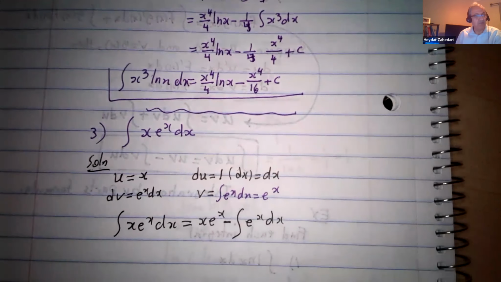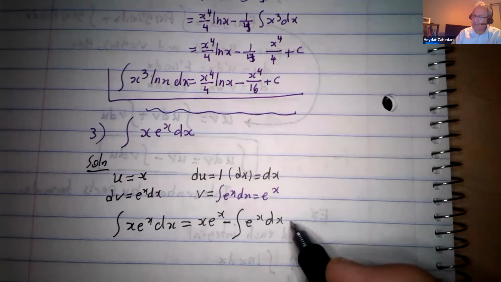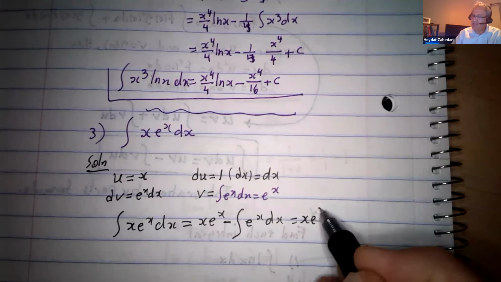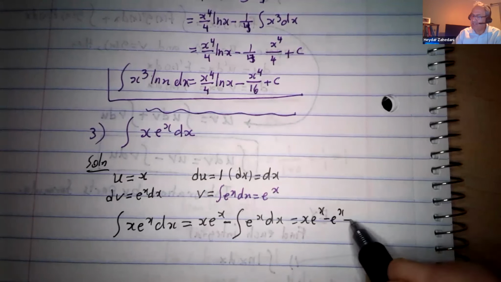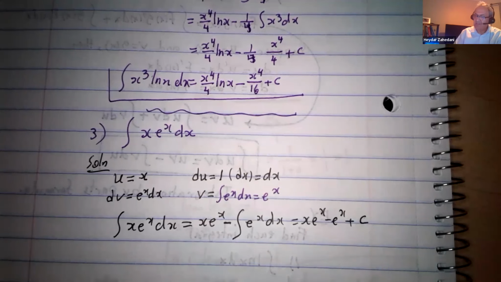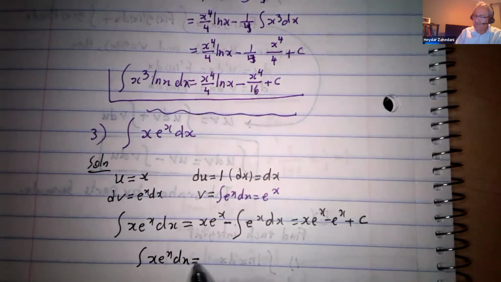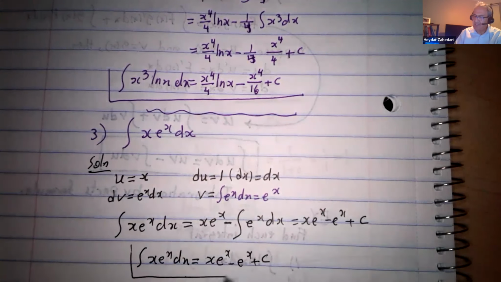And you know that the integral of e to the x is just e to the x. So it's going to be x e to the x minus e to the x plus the constant c. So that's the famous integral of x e to the x dx, which is equal to x e to the x minus e to the x plus the constant c, and you're done.